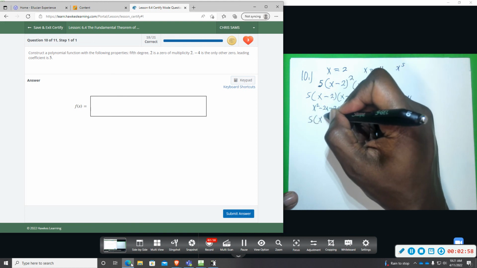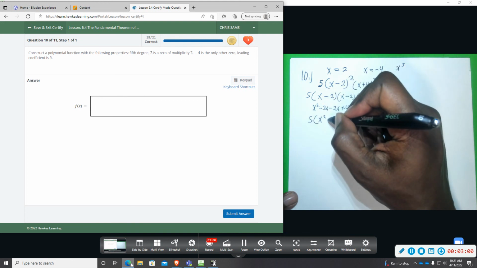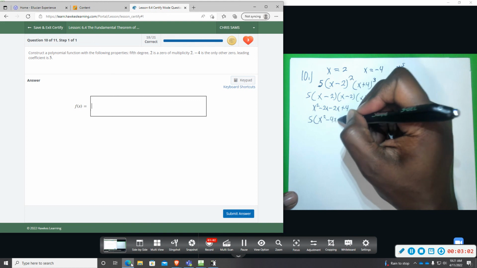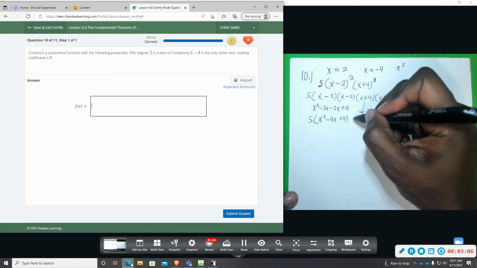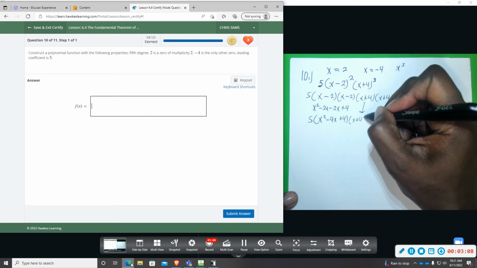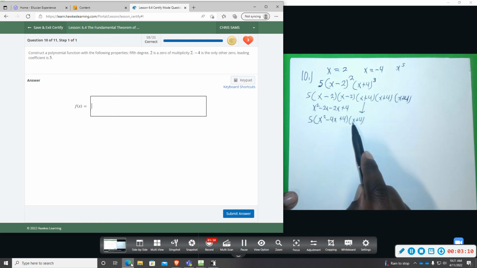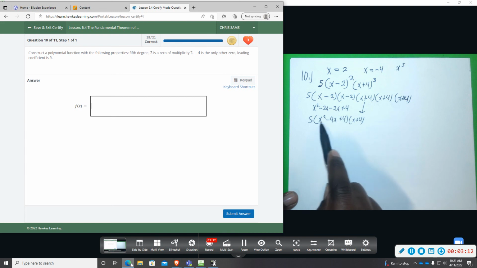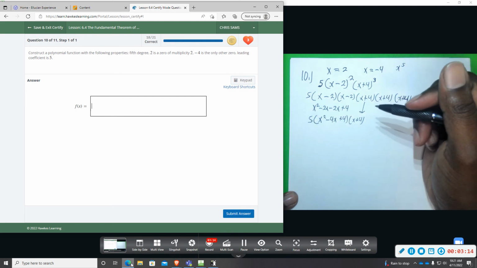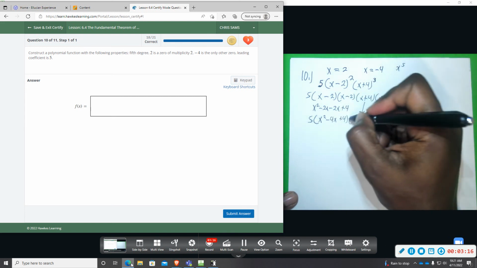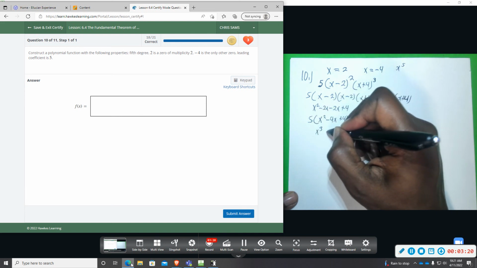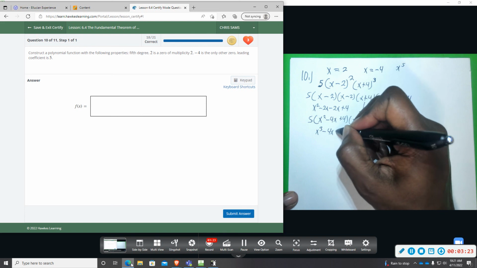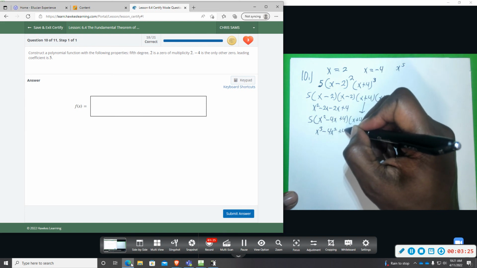I have x squared minus 4x plus 4. And then I'm going to bring down the first one, x plus 4. So now I'm going to multiply everything by x and then everything by 4 and combine it. So everything will increase the power of x. So I'll have an x to the third minus 4x squared plus 4x.